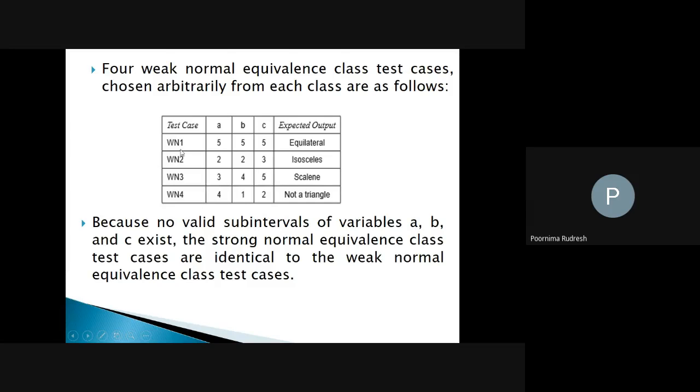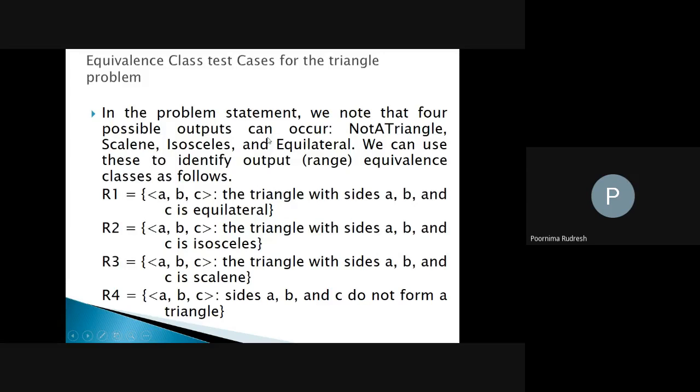Four test cases are defined here with the sides A, B, C, and the expected output. Here we are constructing the test cases based on the expected output given in the problem statement. In the problem statement, they have given that by giving the sides of the triangle A, B, C, we have to define whether it is a triangle or not, and then the type of triangle: scalene, isosceles, and equilateral.